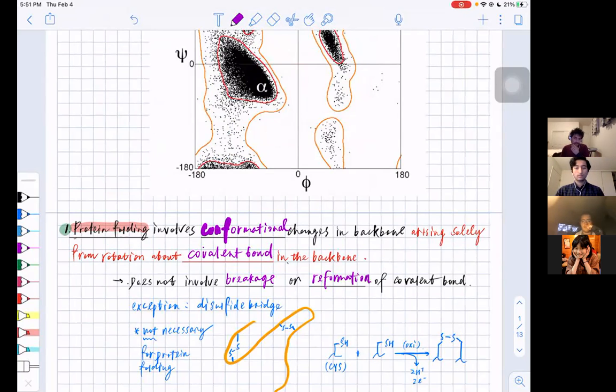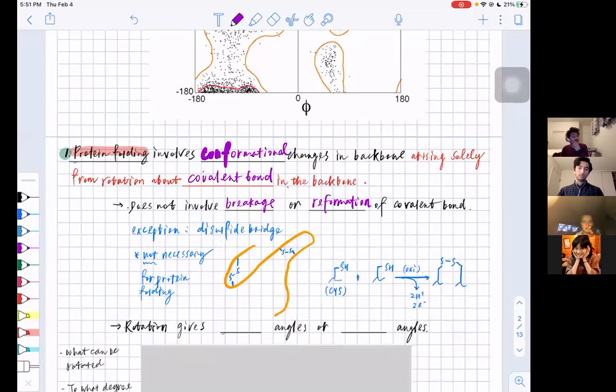One exception is the formation of a disulfide bridge, where you have two cysteines. You might go through an oxidation and form a disulfide bridge, but this is not necessary for protein folding.